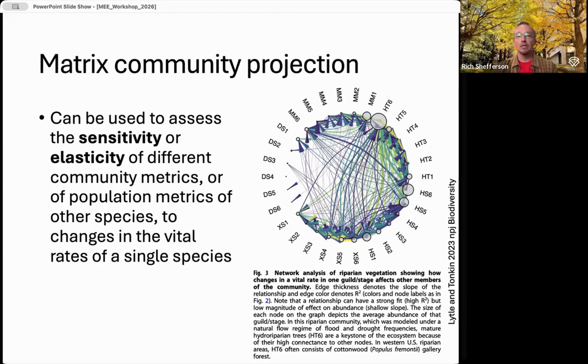In Dave's work, he introduced, for example, sensitivity and elasticity analyses within the MCM framework, where you could ask how a community metric, or a population growth rate of some other species, or abundance, or whatever you're interested in, is influenced by different vital rates across the matrix community model.